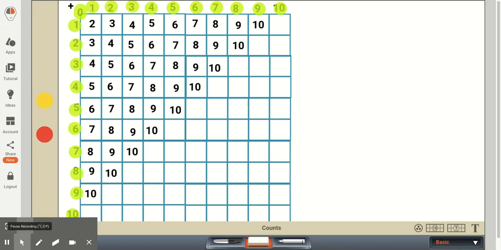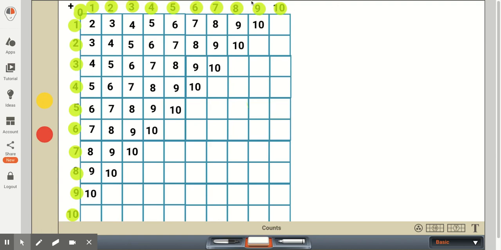So the first type of facts could be adding 0. Anytime that a first grader has to add 1 plus 0, or 2 plus 0, or any number plus 0, they should realize that they're just going to end up with the number that they started with. If they're adding 10 and they're adding 0, they're adding nothing to the 10, and they're going to get 10.